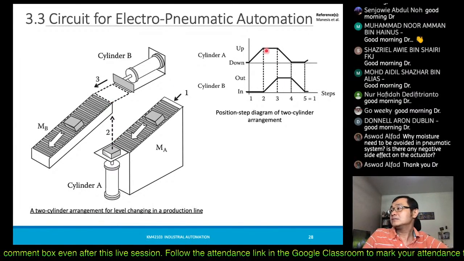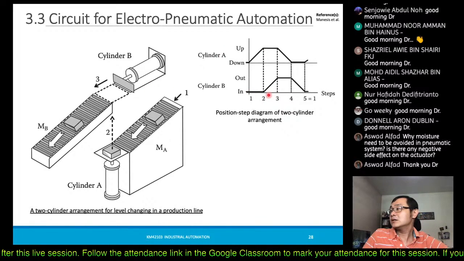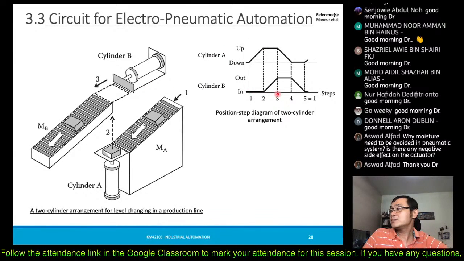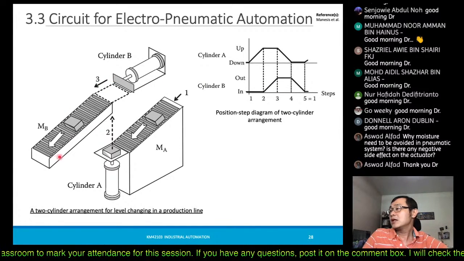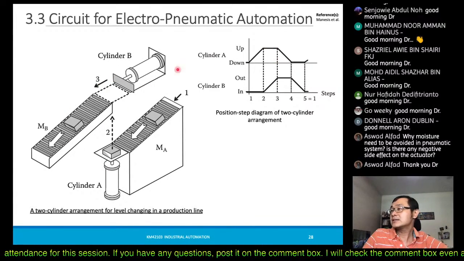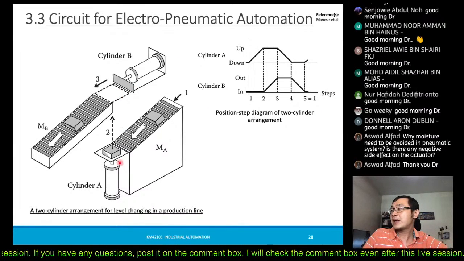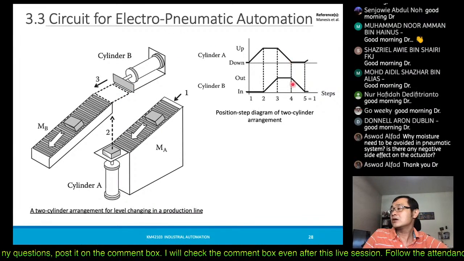Then after that, cylinder B will go to state number 3, then it will push, then it will go down. At state number 3 it will come back again, then go down again.